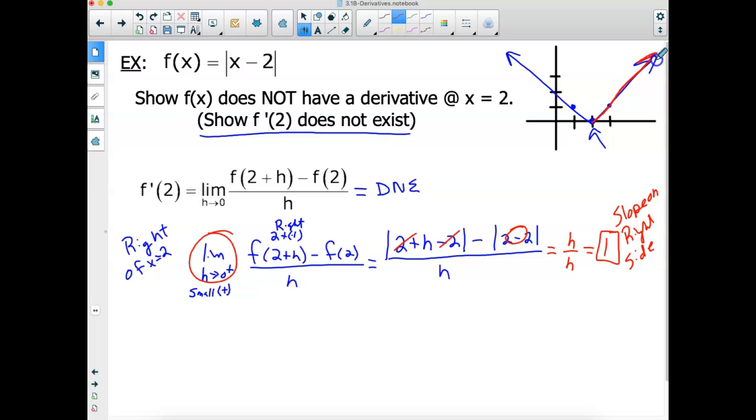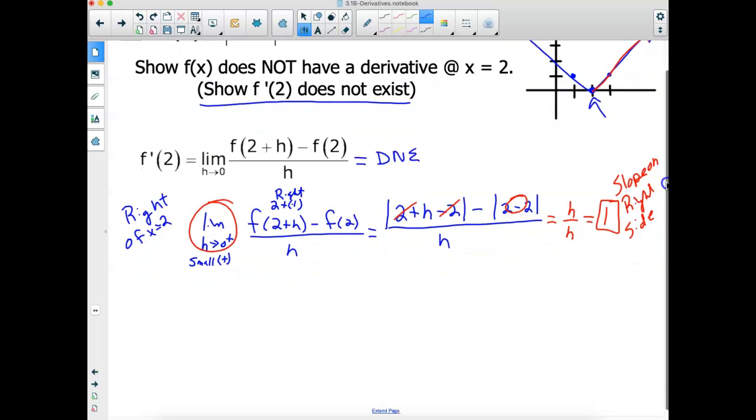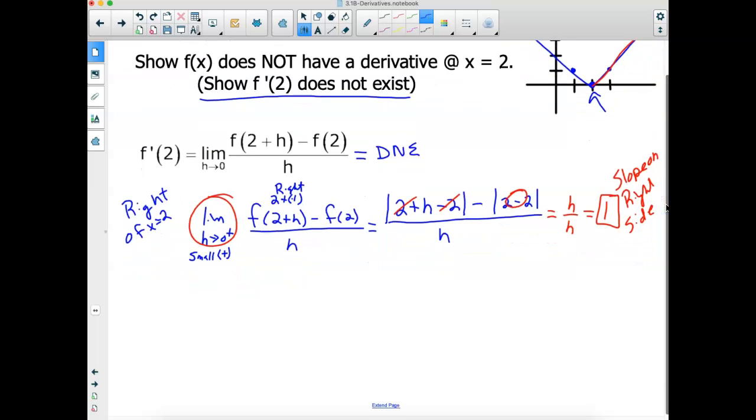The slope of that ray is 1 everywhere. So I got the right-sided derivative, the slope of that wing, as I would call it. As I approach 2, the slope is 1 from the right.